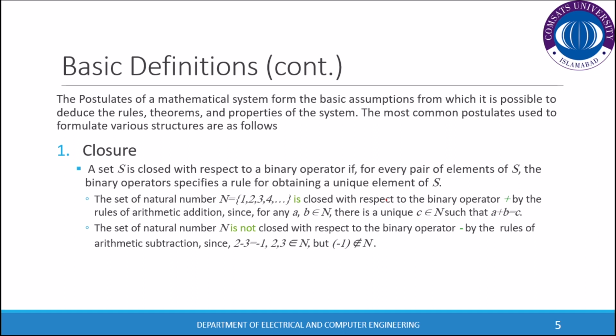But from the start, we are understanding how we can apply operations or operators. Here, a binary operator means that we have two inputs, we apply some operator on them, and we get a result.